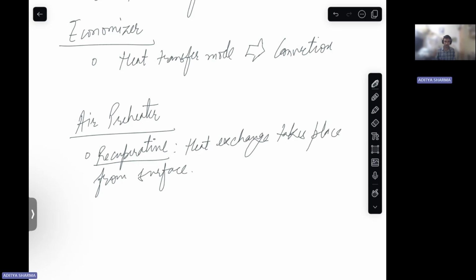Okay. So this is that type of preheater.